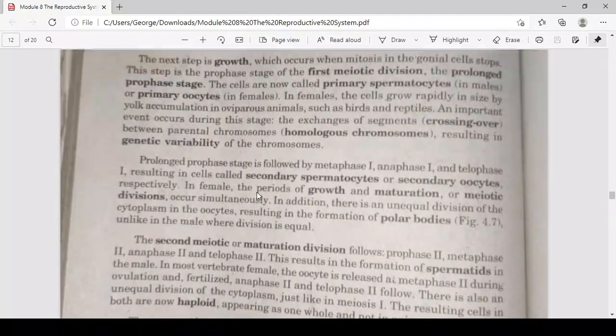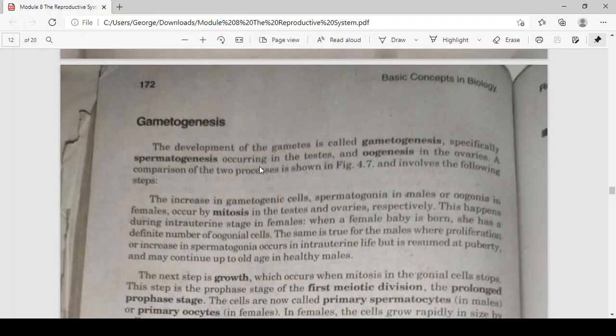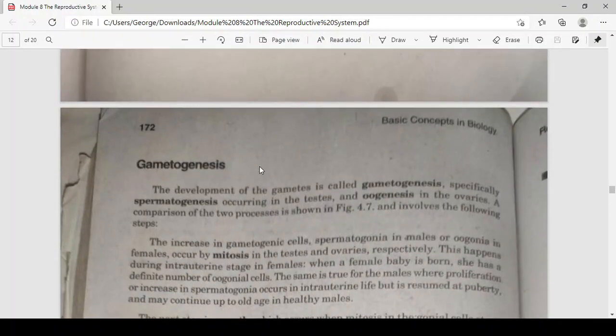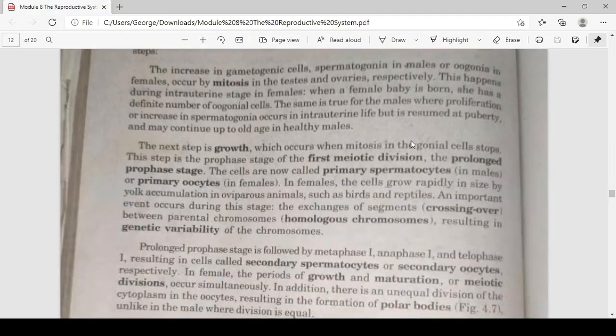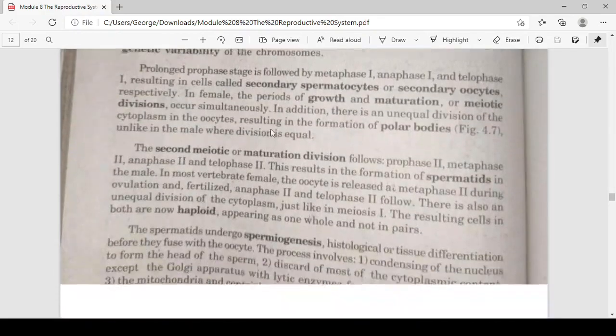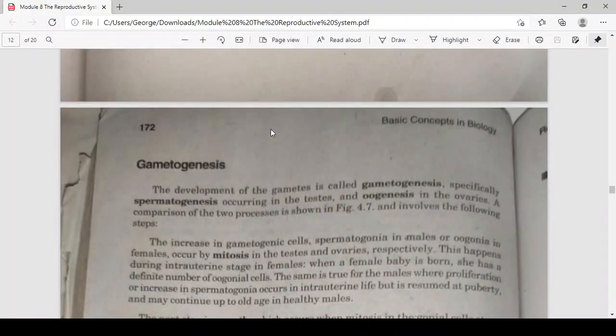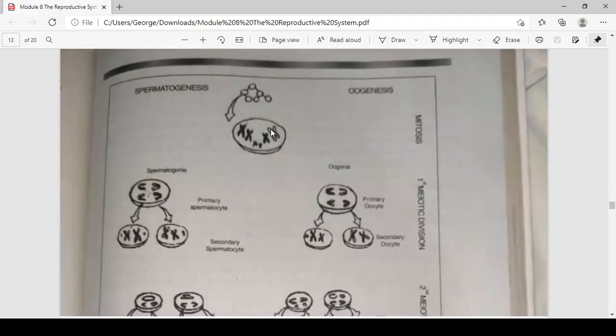Basta, gametogenesis is the production of gametes: spermatogenesis is the production of sperm, and oogenesis is the production of eggs in the ovaries.